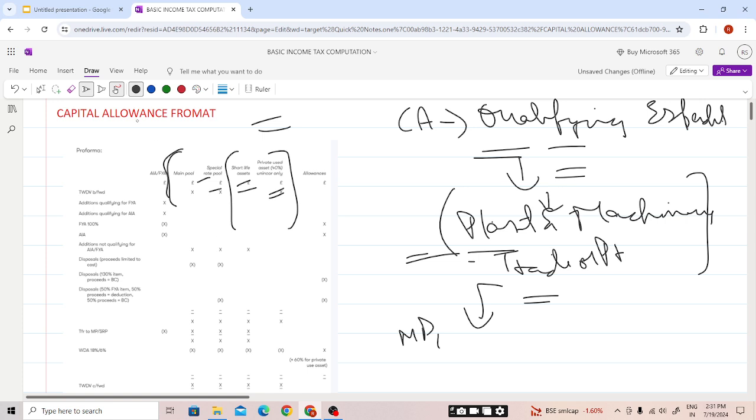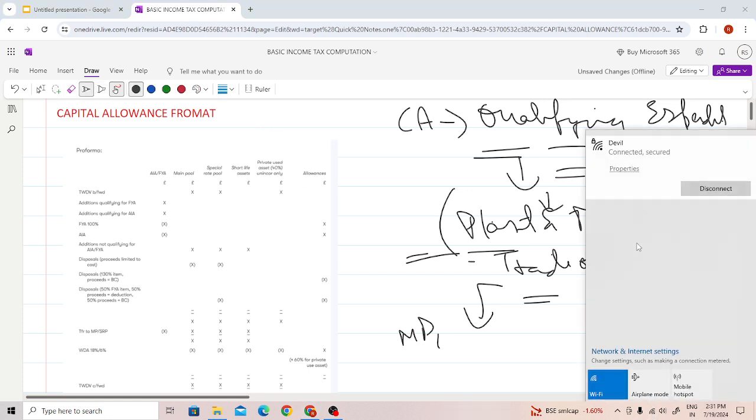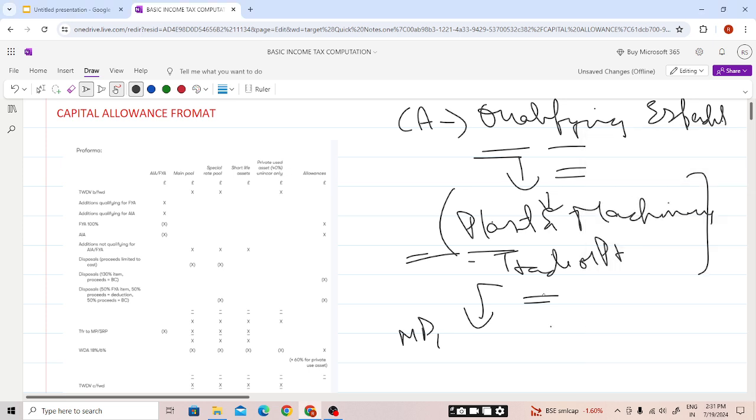Now students, the qualifying expenditure we need to allocate to these pools. If the qualifying expenditure is in main pool, okay. Special rate pool, we need to allocate under special rate pool. If short life asset, under short life asset.